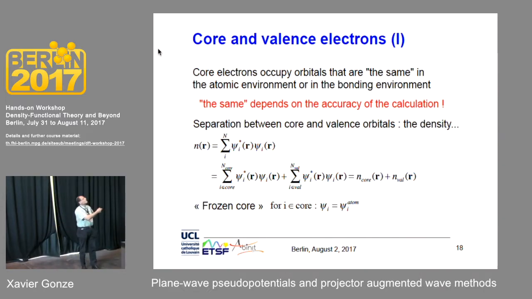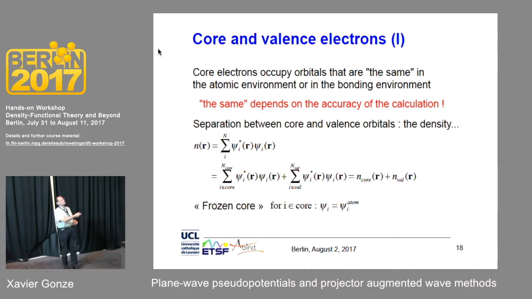Then our formula for the density is very easy to split. Indeed, it's a simple sum over the occupied states, and we will consider differently the bands that are related to the 1s, 2s and 2p states, and sum them separately from the bands that are valence-like.